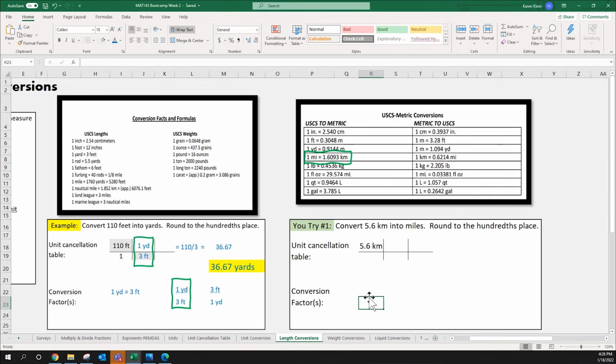So we have 1 mile equals 1.6093 kilometers. Now we have to decide how to write the fraction. So are we going to put 1 mile in the numerator or 1 mile in the denominator? Well, we need to have the kilometers in the denominator so that unit will cancel out. So we need to put the 1.6093 kilometers in our denominator.